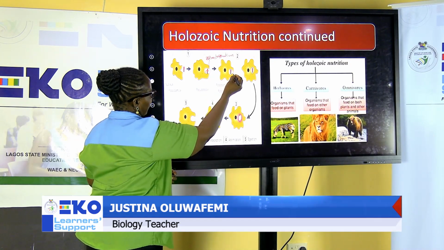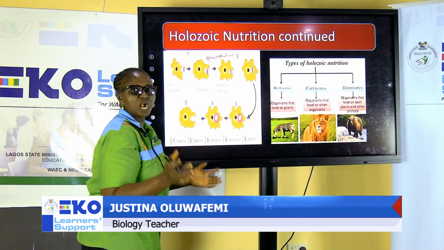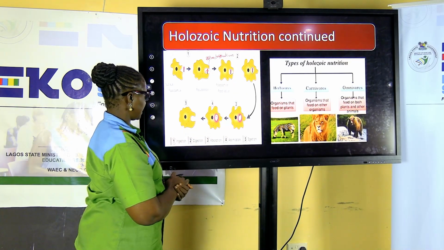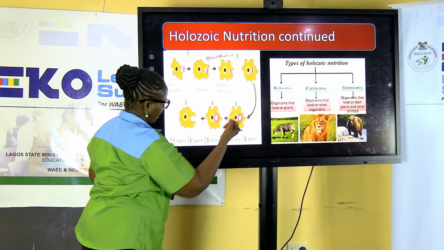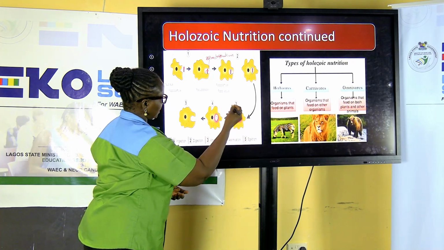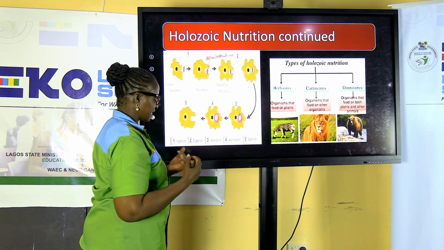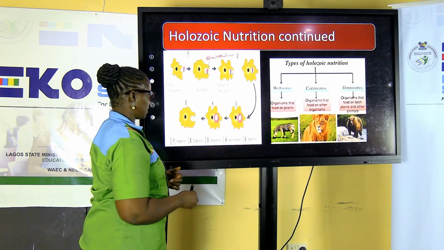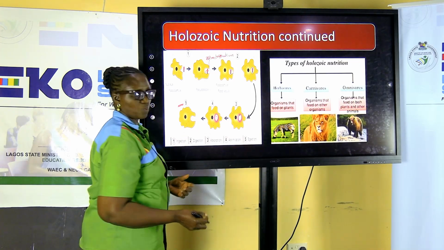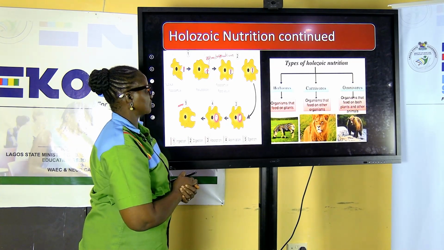So amoeba here has succeeded in engulfing the food particles. Digestion is taking place. And what do we have at the third level? You can see assimilation. The absorbed food is being taken in, assimilation, taken to the body. And the last stage, here we have egestion. Unwanted food substances are thrown out.